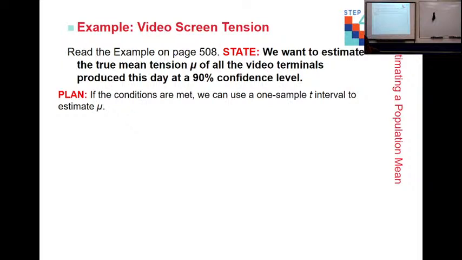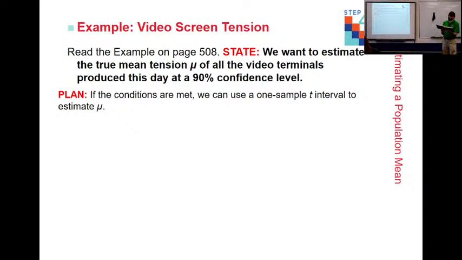This example's in the book, so I'm going to read it. We're going to try and get through this whole process here. A manufacturer of a high-resolution video terminal must control the tension on mesh-refined wires that lies beneath the surface of the viewing screen.